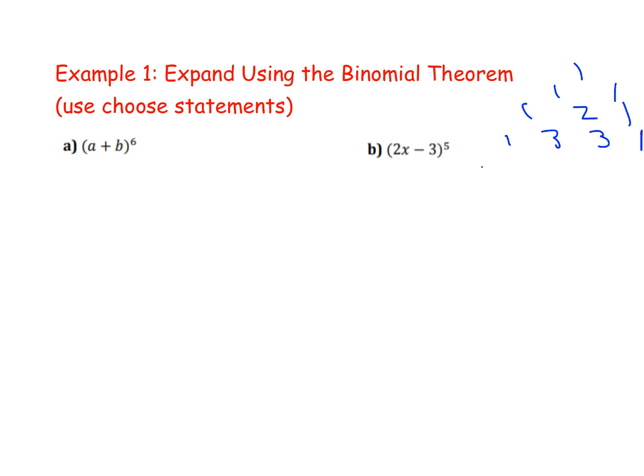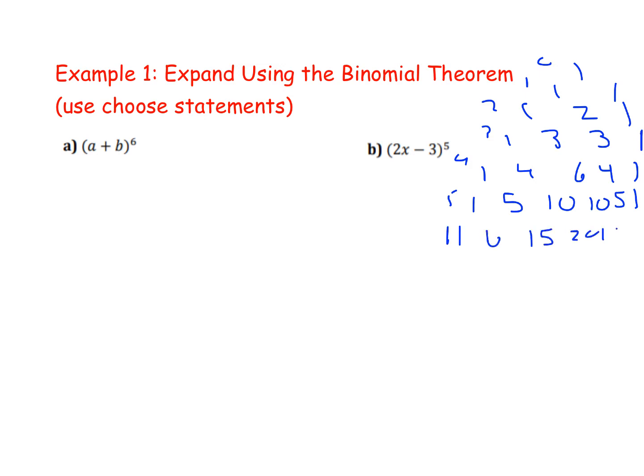Okay, I'll move it over here a little bit. So we have row 0, row 1, 2, 3, 4, 5, and we need row 6, don't we? So we have 1, 6, 15, 20, 15, 6, and 1. So those are our coefficients that we're going to use in the expansion.